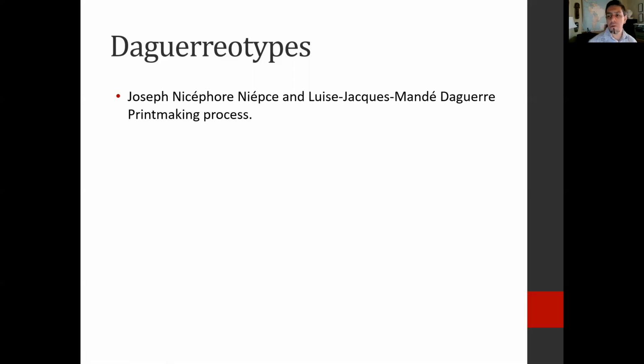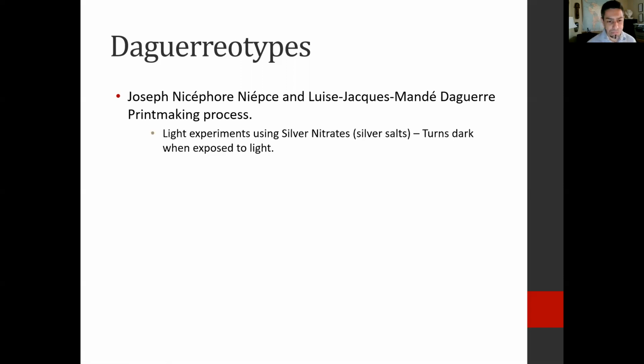However, Daguerre was a little bit more interested in the technology of photography, on the actual process more than the printmaking like Niépce was. So within this experimentation, one of the things that they used was silver nitrates, basically a salt with silver. And when you put that onto light, the silver nitrates turn dark. Okay, so they change color.